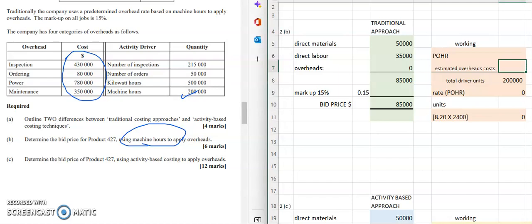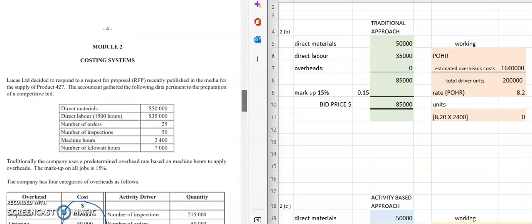Right, so that total is 1,640,000. So now I can find the predetermined rate for the machine hours, right? It is simply this 1,640,000 divided by 200,000. And when I divide that, I get a total of $8.20 per machine hour.